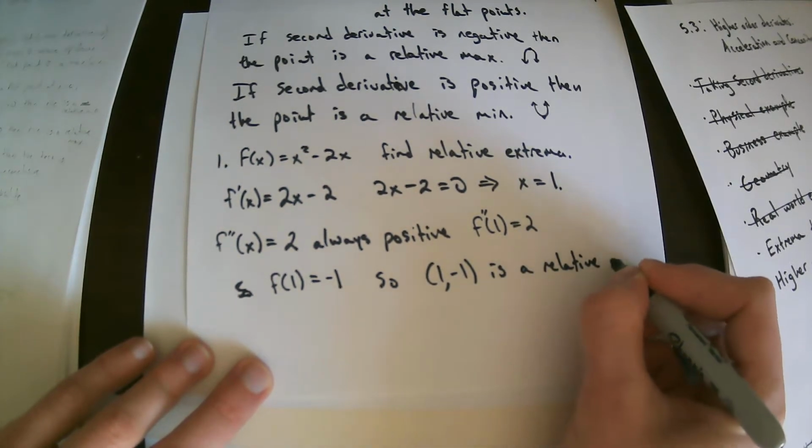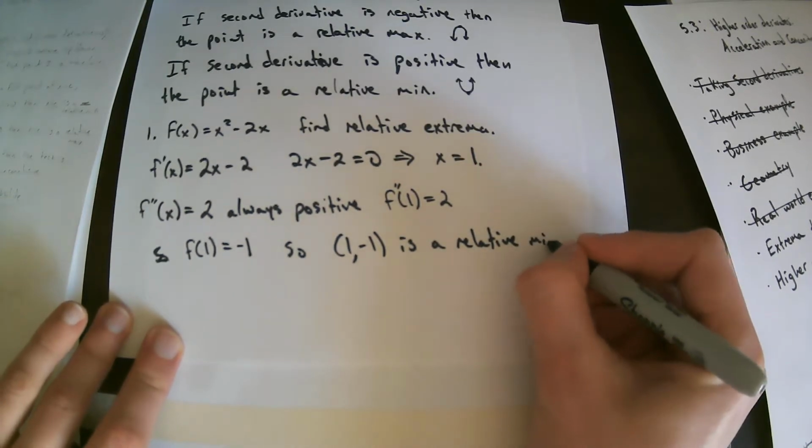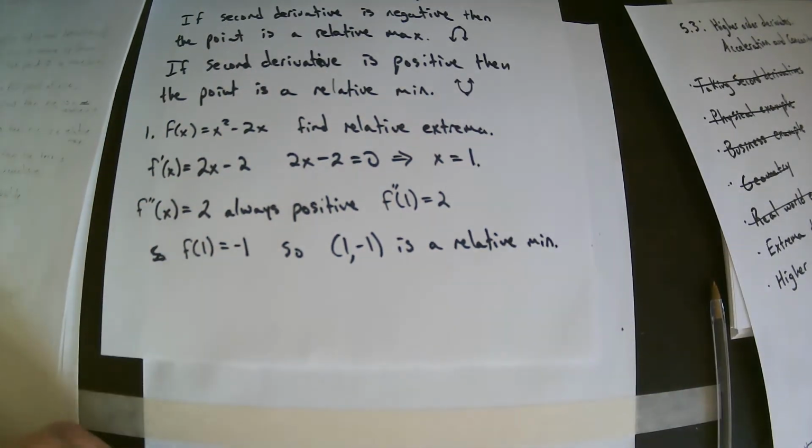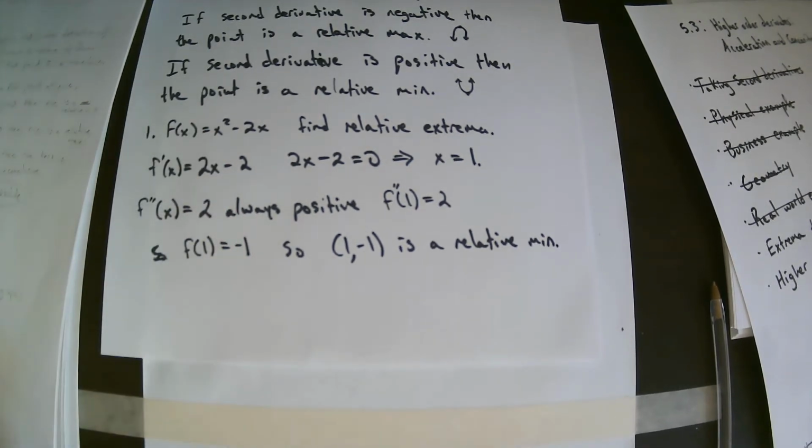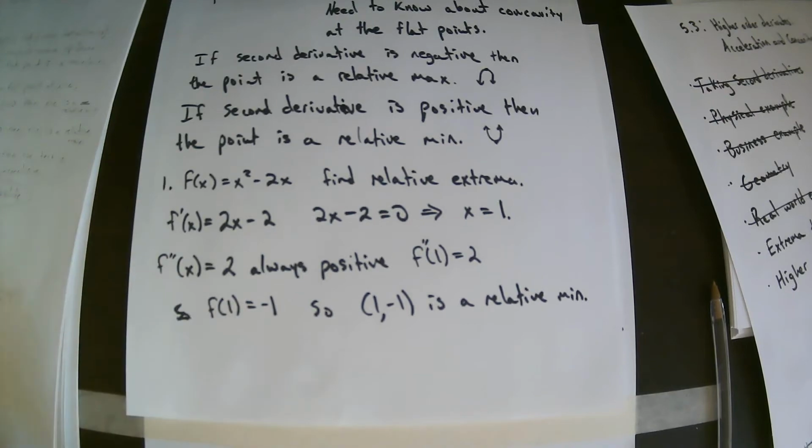Now, it might be, and in fact it is, an absolute min, but to know that it's also an absolute min, you would have to know what this graph looks like. All those other tests that we had in section 5.1 or 5.2, whatever it was, test if it's actually an absolute min. All the second derivative test tells you is if it's a max or a min relative to the points around it.